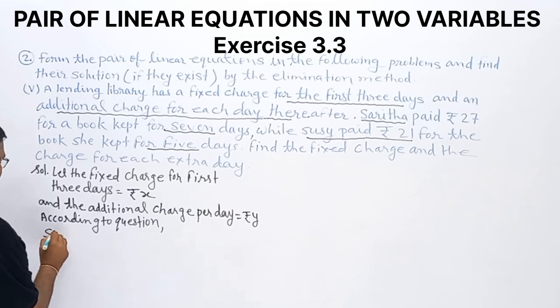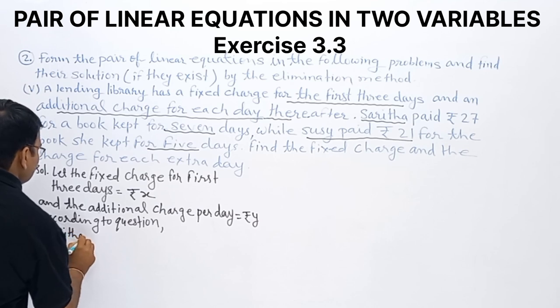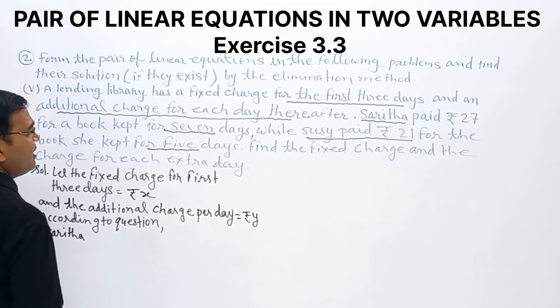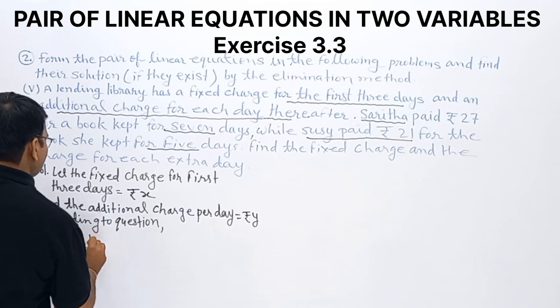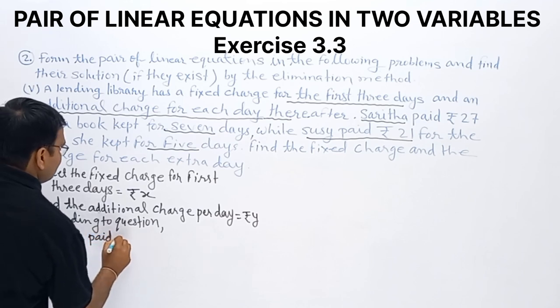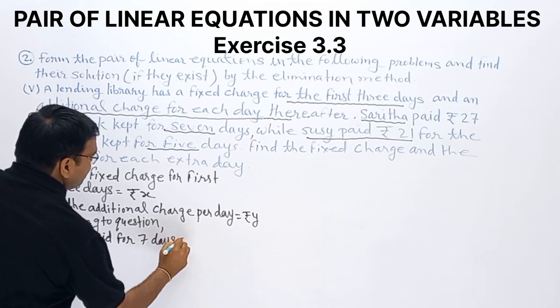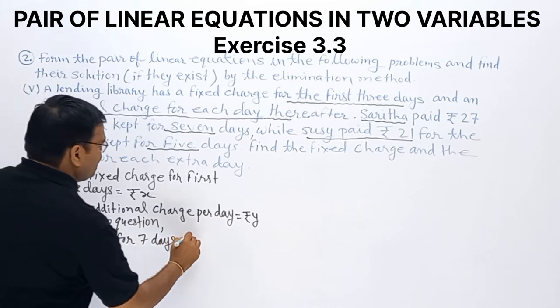Clear? So how can we say it? Sarita paid for 7 days, equal to 27 rupees.